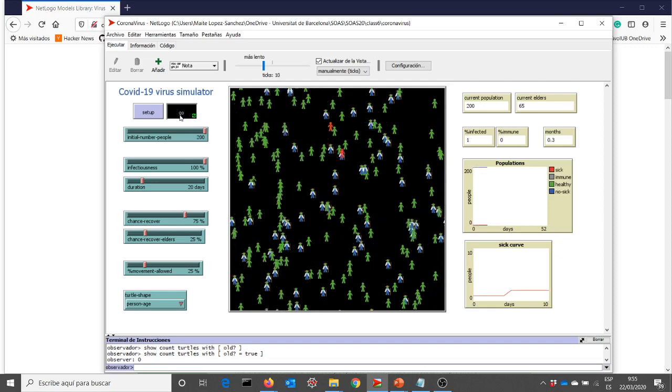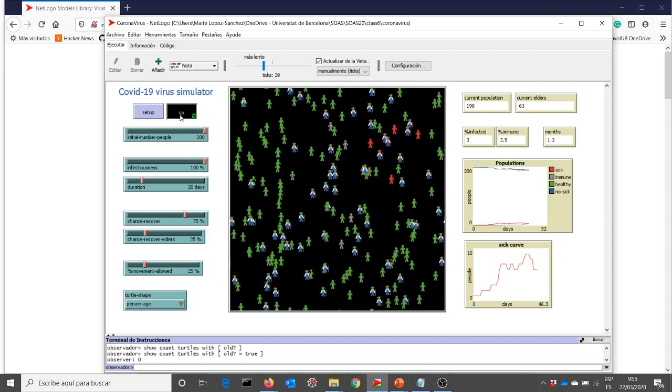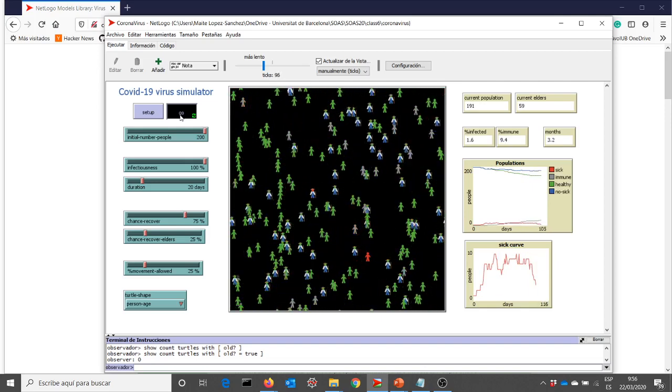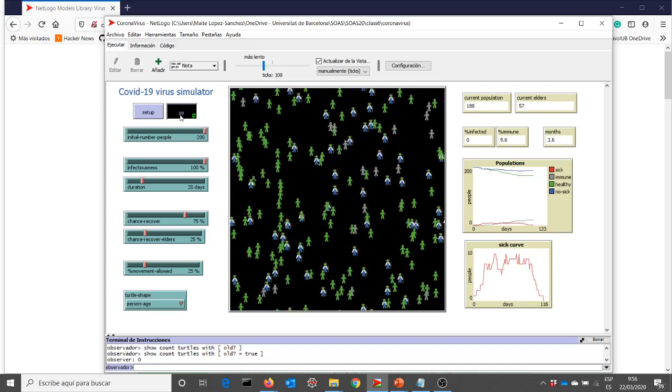I will press go. There is some spreading because this individual was moving, but it was less than 10 people, so the curve is far more flattened than in the other simulations.